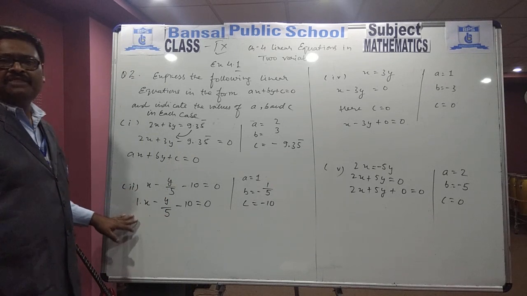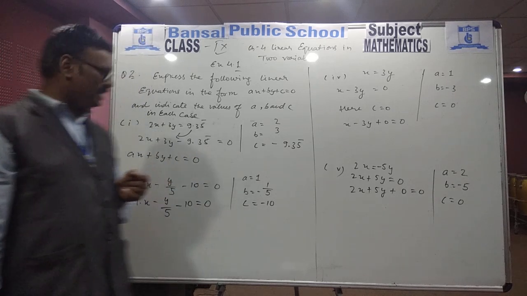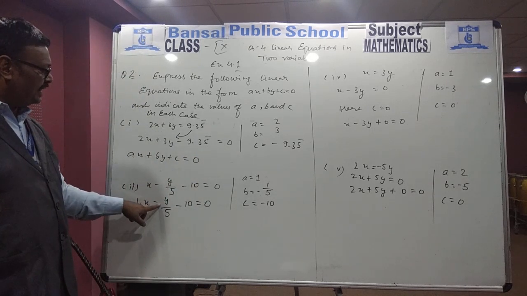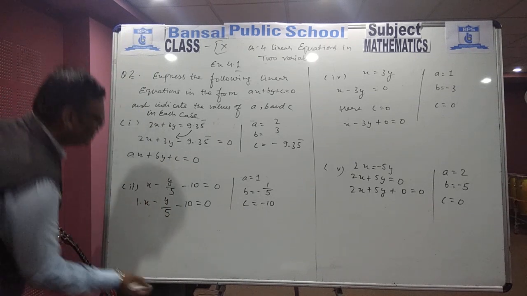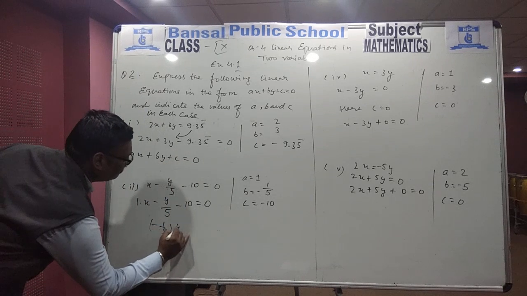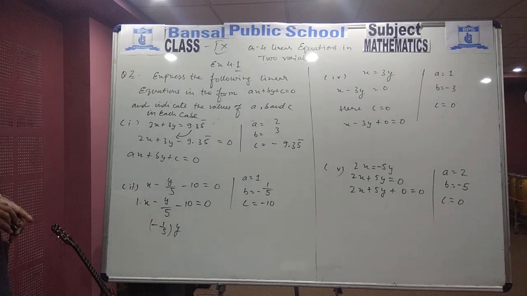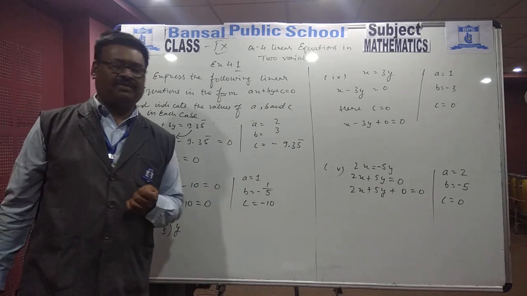Why? So that it is easier for me to understand that a is now 1. What about b? Compare b, y upon 5, and I can write it as minus 1 upon 5 y. So what is the value of b now? The value of b is minus 1 by 5.